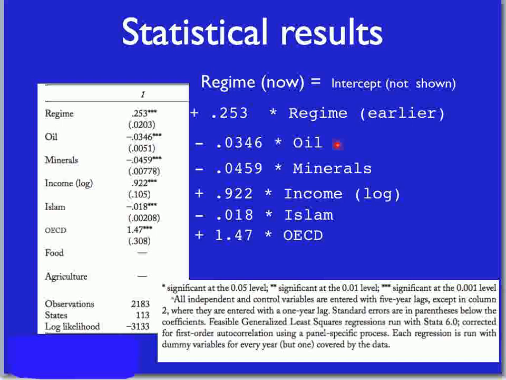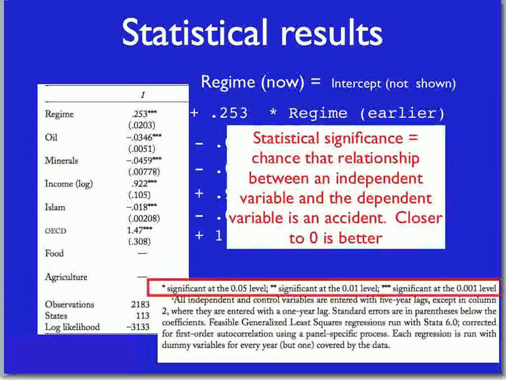negative effect on democracy. Another thing that's reported on this slide is what's known as statistical significance. And you'll note that each of the coefficients has a set of stars next to them. And what the stars represent is explained down here. It's whether or not the result is statistically significant and how statistically significant it is.